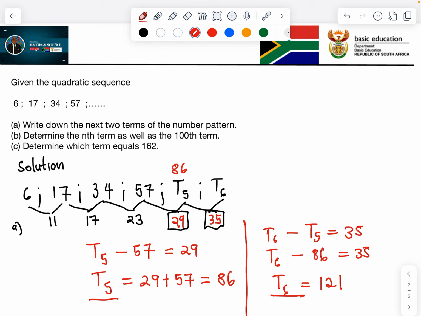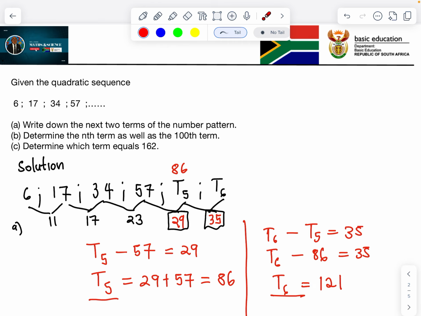So in question B, they say determine the nth term as well as the 100th term for this sequence. In the previous lesson, we got the next two terms of the number pattern, and we found that those two terms are 86 as well as 121. Okay.